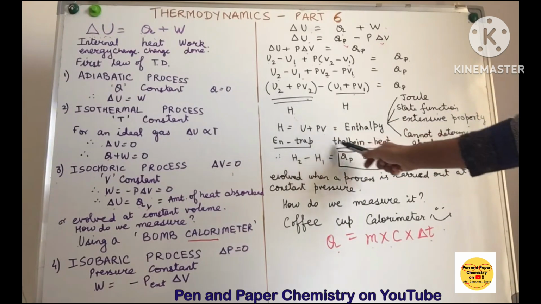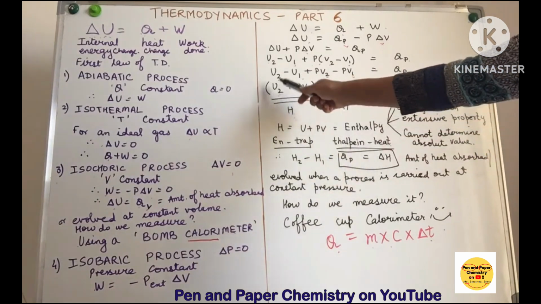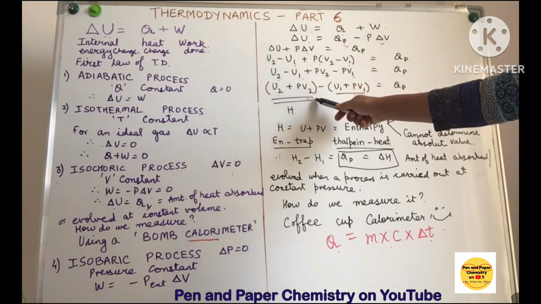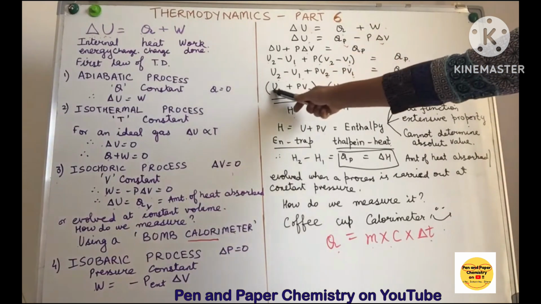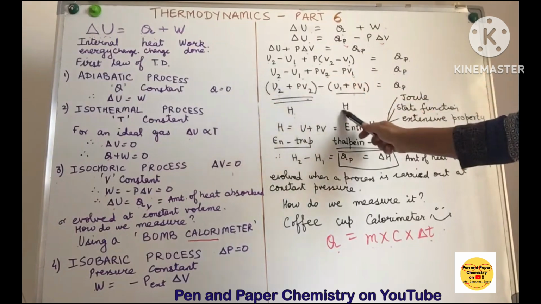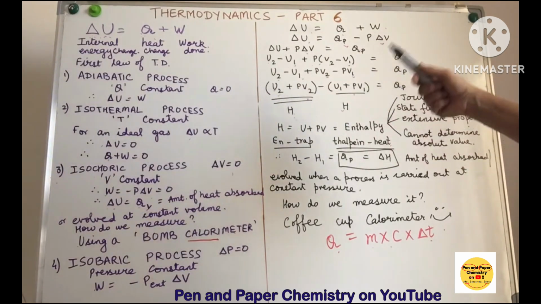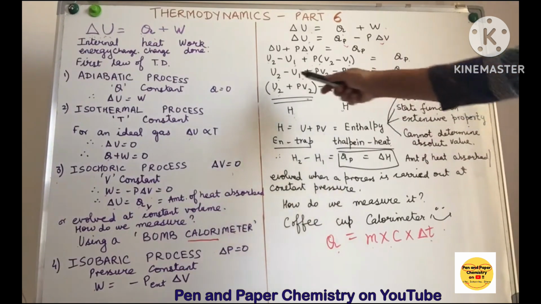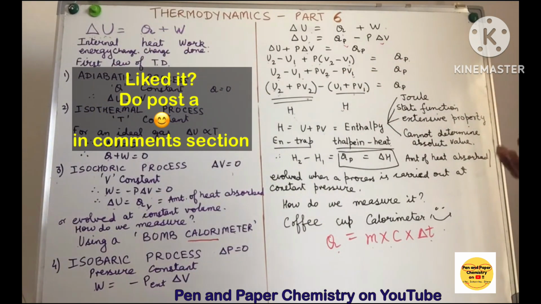Enthalpy means heat trapped, that is the heat trapped in the form of internal energy, and the pressure volume work is what we call the enthalpy of a system. We cannot determine the absolute value of H also, but you will realize that we don't need it. Why? Because we just want the useful energy which can be used for our various processes.